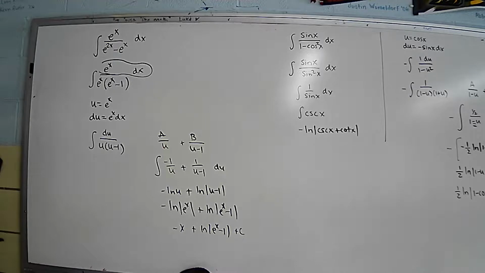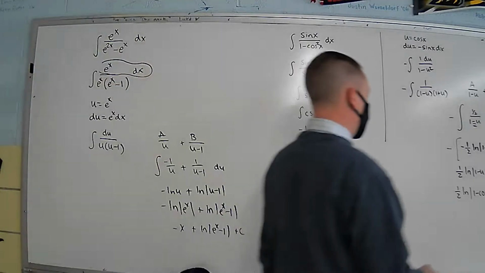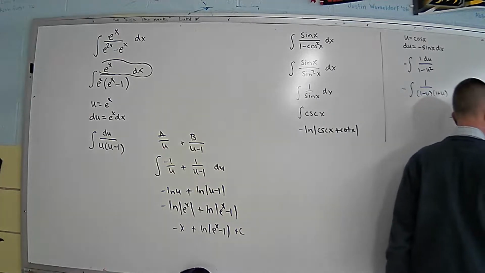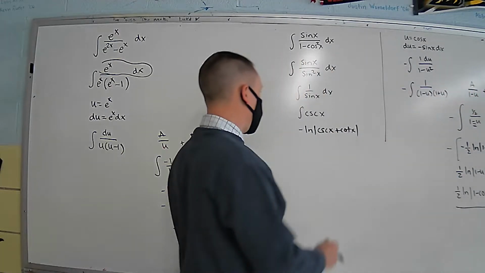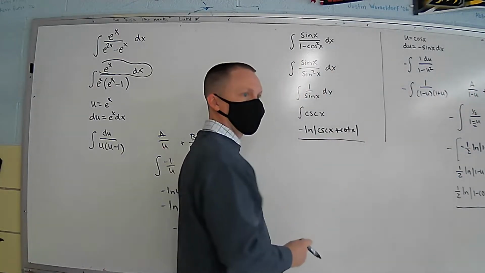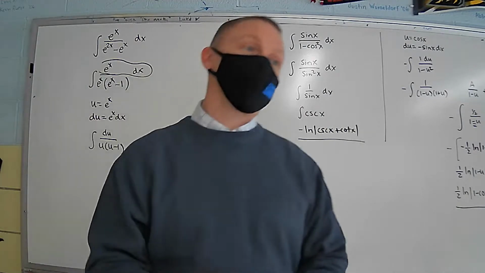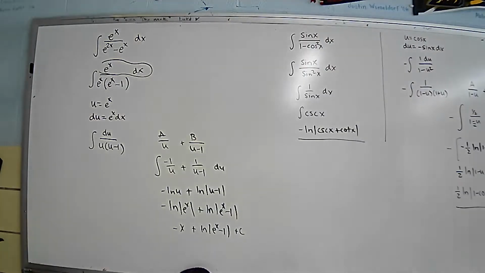Now, boys and girls, I want you to look at this answer right here and this answer right here. They don't look anything alike. But they have to be equivalent or differ by a constant.